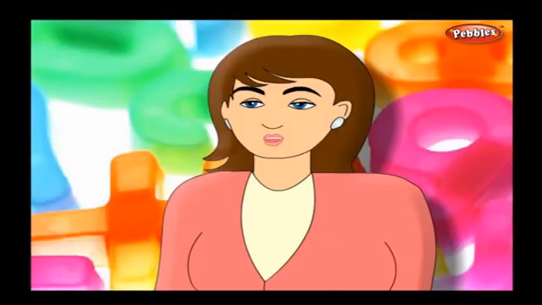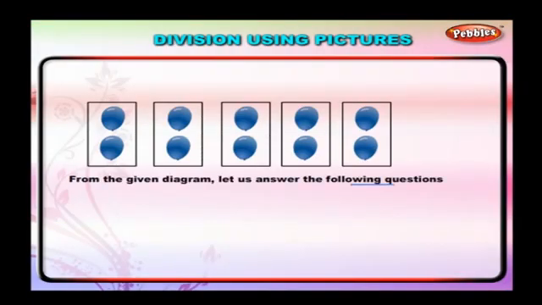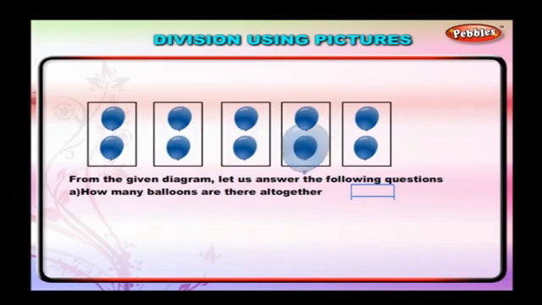Let us see a division problem using pictures. From the given diagram, let us answer the following questions. How many balloons are there altogether? 1, 2, 3, 4, 5, 6, 7, 8, 9, 10.